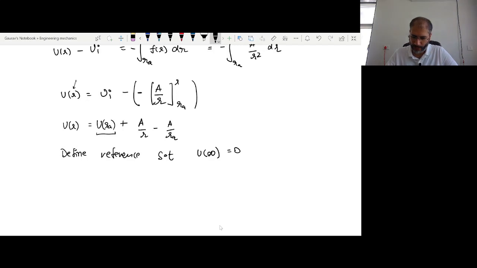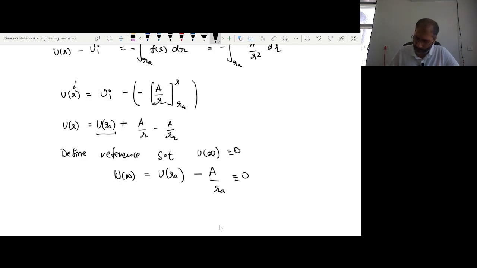So if we define it this way, then you put r equal to infinity, so we get u at infinity is equal to u at Ra plus a upon infinity, that becomes 0, and then minus a upon r a, and this was defined to be 0. So this says that u at Ra is equal to a upon Ra.